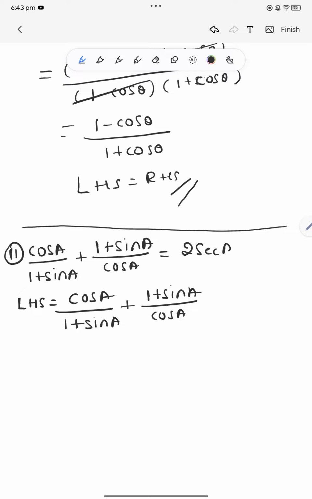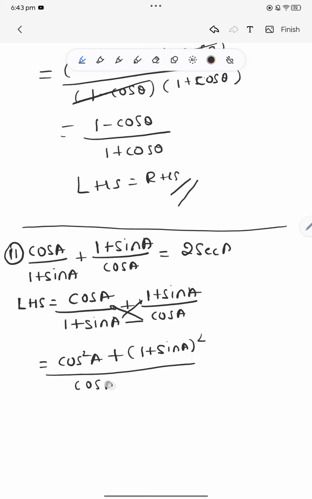Now what will we do? We'll take the LCM, or cross multiply: this into this, and this into this. So cos into cos gives cos square A, plus (1 plus sin A) whole square, divided by cos A into (1 plus sin A).